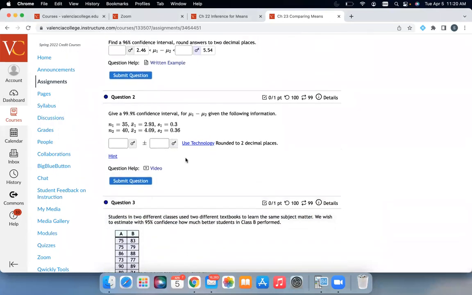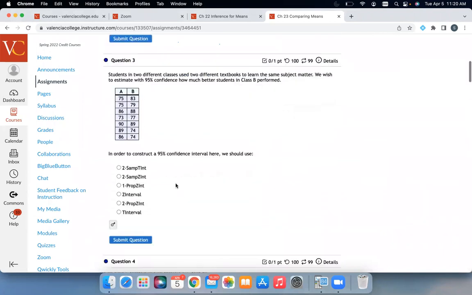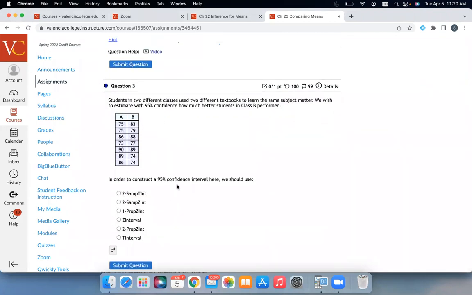Same exact problem here. Now, they don't even ask me to do it. They're just asking what button you would use, basically. But if I wanted to do this interval, I could type A into L1, B into L2, and then tell the calculator to use those lists.